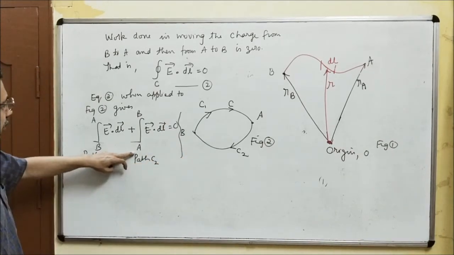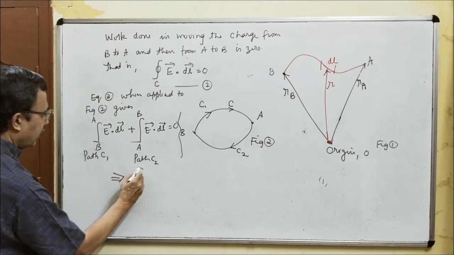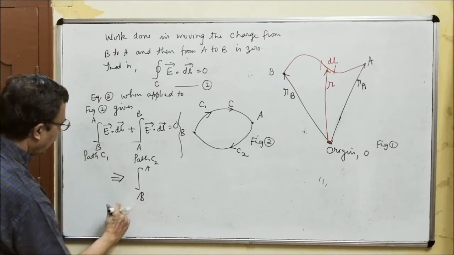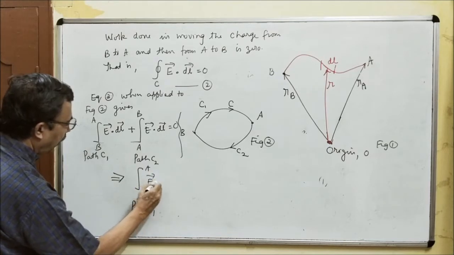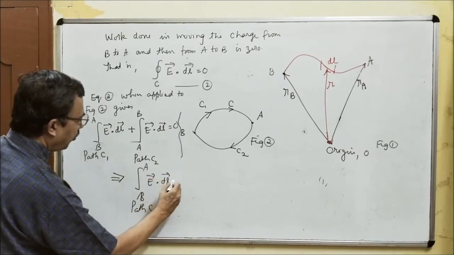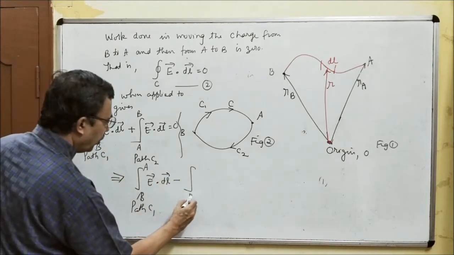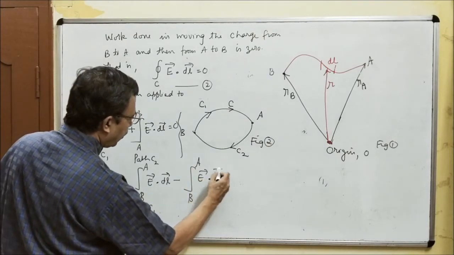If you interchange the limits of integration, you get integration from B to A along path C1 of vector E dot dl, minus, when you change the limits of integration you get a minus sign, B to A vector E dot dl is equal to 0.